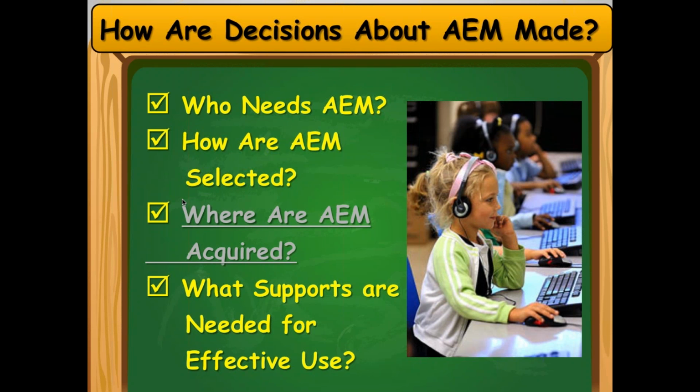In the process of determining AEM, number one, they need to establish the need for instructional material in a specialized format. Then we need to select the specialized format that's needed by the student to access the curriculum, one of the four: digital, large print, audio, braille, and then acquire the needed format in a timely manner, and determine the supports needed for effective use for educational participation and achievement.